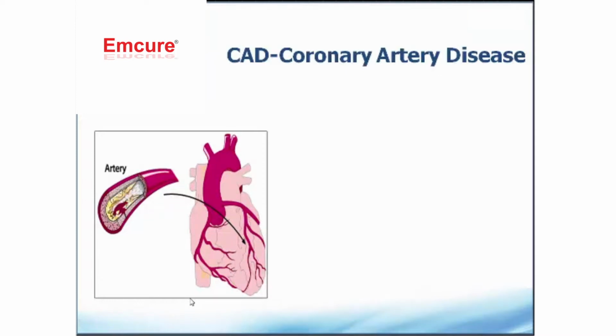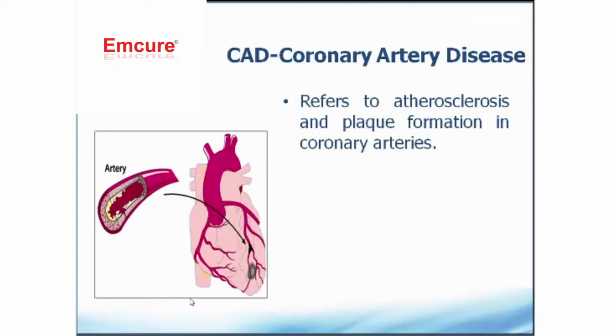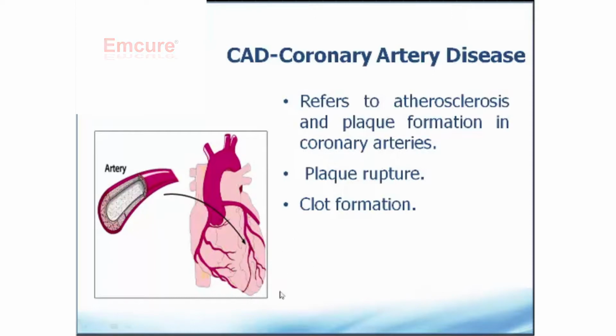Coronary artery disease is a condition wherein an atherosclerotic plaque is formed in the coronary arteries, and as you can see in this picture, when this plaque gets ruptured, there is further formation of a clot or a thrombus, which ultimately leads to blood interruption or diminished oxygen supply, and necrosis happens in the heart.